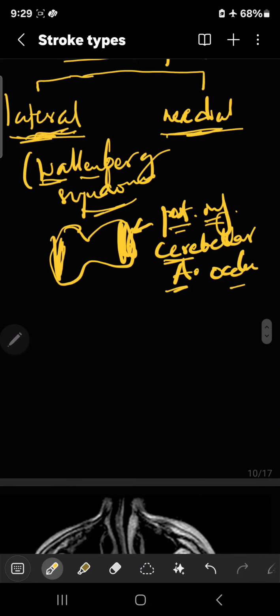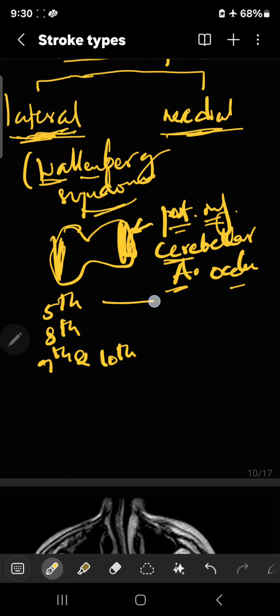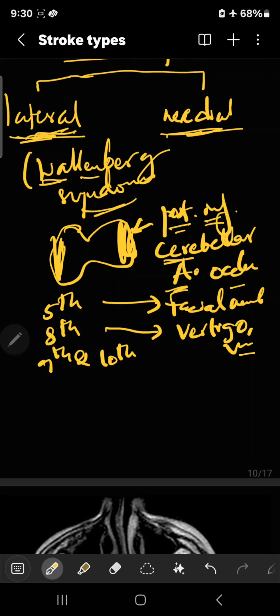Mainly here a set of cranial nerves will be gone, like the fifth cranial nerve, 8th, 9th and 10th. With the fifth cranial nerve, the facial nerve, the patient will have facial numbness. The 8th cranial nerve, vestibulocochlear nerve, will cause vertigo or vomiting.